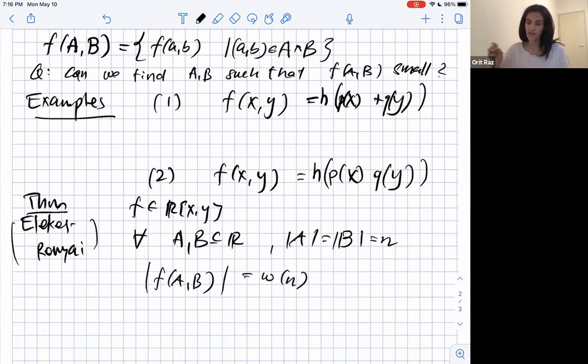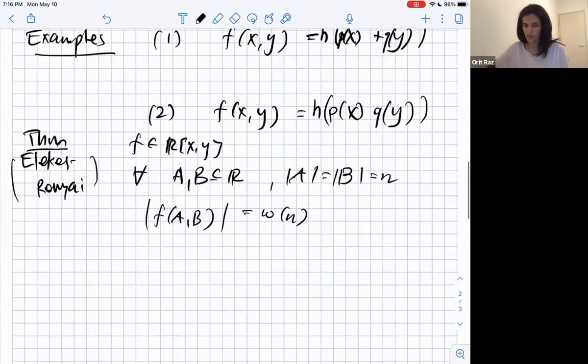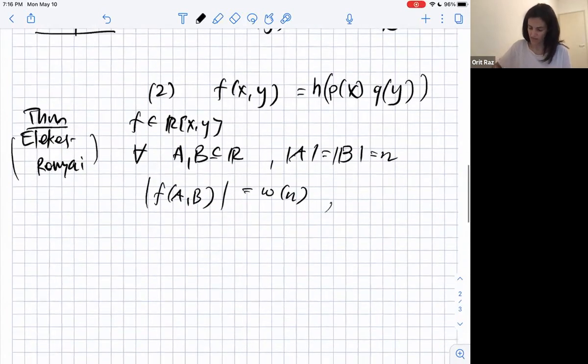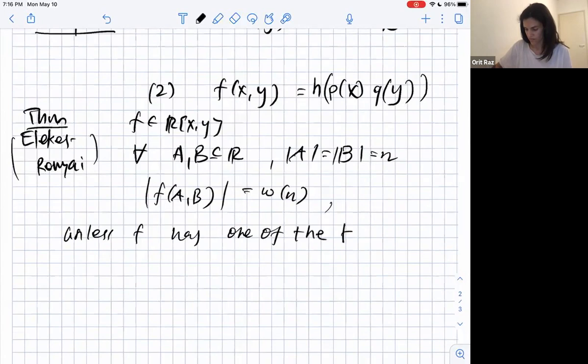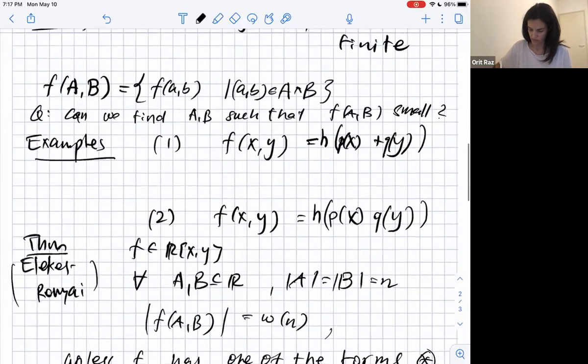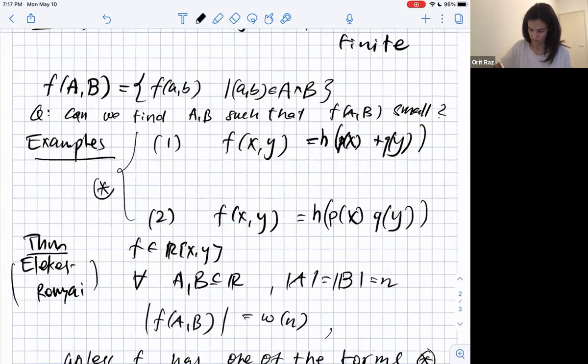You cannot find a constant and write here at most a constant times n. So little omega of n, unless f has one of the forms star. These are the forms star, and sometimes I will call them special forms.